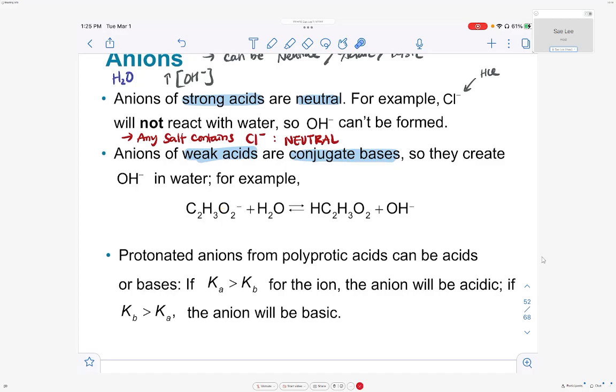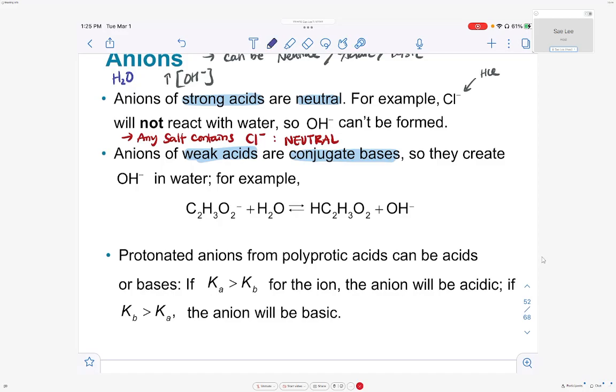Okay, so therefore, this acetate anion, which is a weak base, has some basic property, which is that this anion is able to steal the proton from water and generate hydroxide ion, increasing the hydroxide concentration of the system.